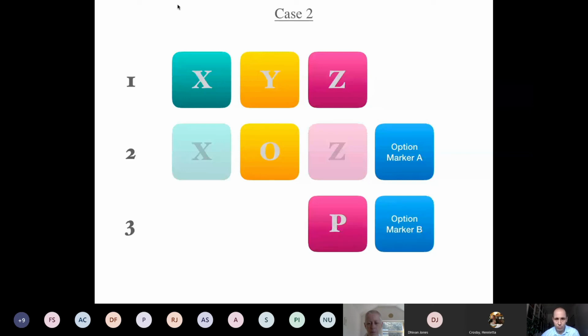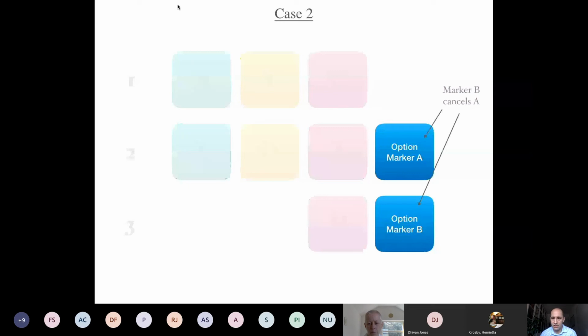And then the problems begin here when we would have a third rule, which would say only P, that clearly is blocking the pink element in 2, so P is replacing Z, but we have an option marker B. What happens here? That the option marker B is cancelling option marker A, and that has important consequences in the reading of Anubhuti in line 3.